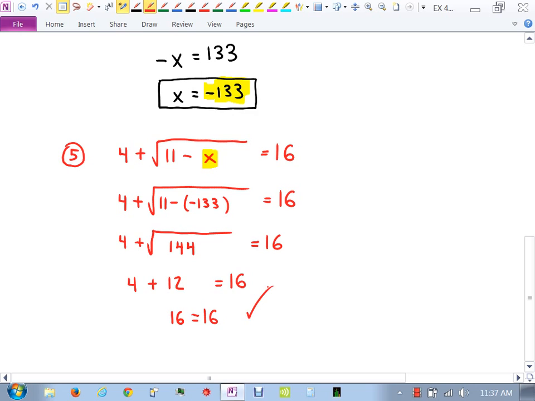Okay, I'd like for you to try a couple of these. I want to see how you do with this. You can work together on it. I'll come around and see how you're doing. So how about you try, on all of these, solve. Let's go: square root of x minus 2 equals 6.